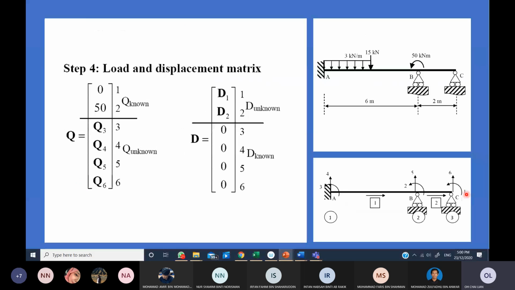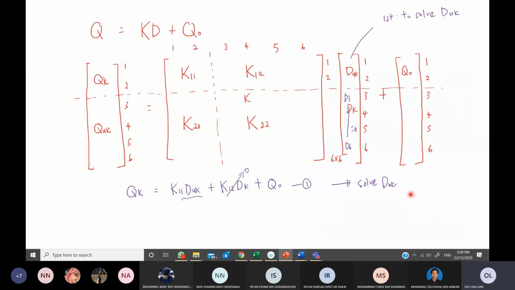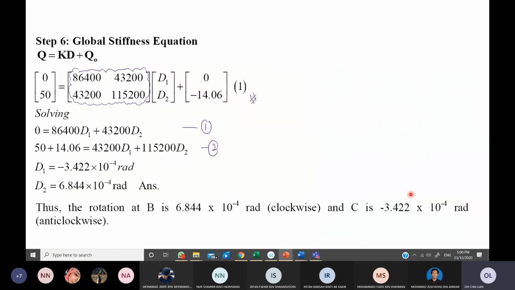So D1 is rotation at C, and D2 is rotation at B. So here you can see that D1, rotation at C, is negative 3.44. It is counterclockwise, because you got a negative value.